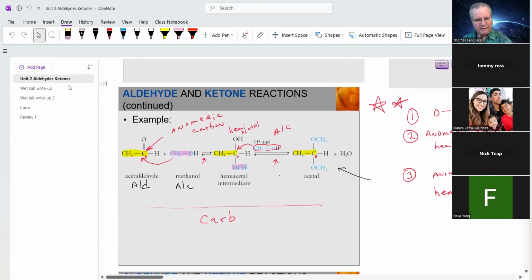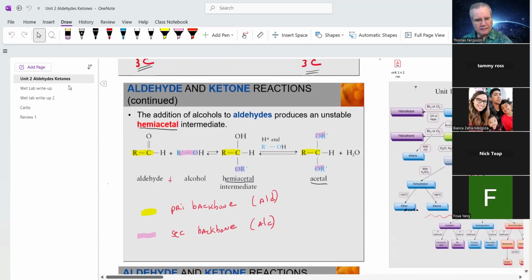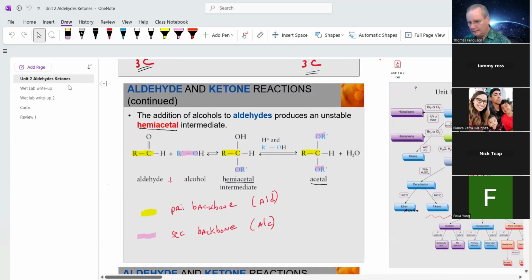So whenever we have an aldehyde or ketone and an alcohol, it forms a new additional product where the two are combined into a new product. And then it continues on to yet another product that's combined.